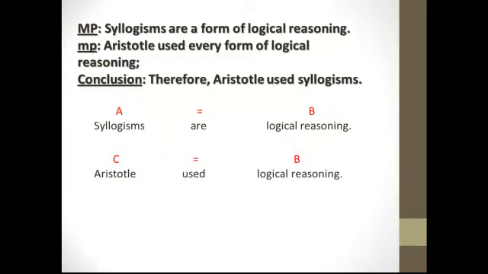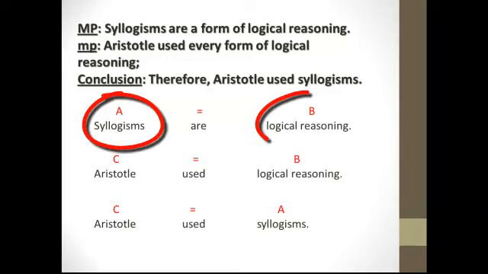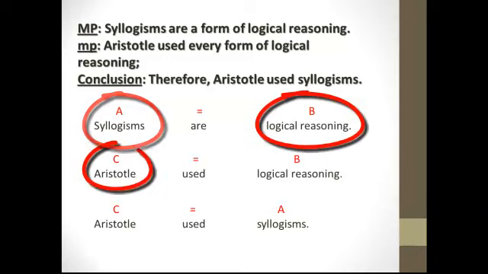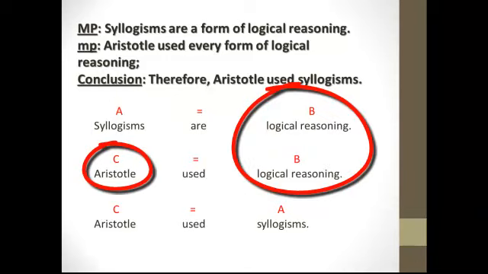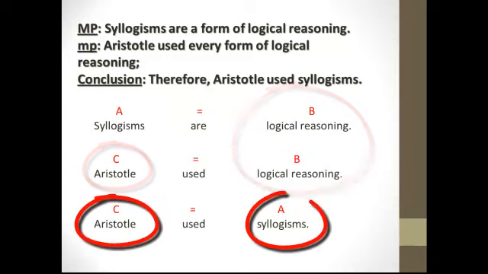Don't get too caught up in the math of this if math frightens you, as it does me. Just using it to break down the argument so that we can see the different parts. The conclusion then is, therefore, Aristotle used syllogisms. So can you see almost the mathematical reasoning here? A equals B, C equals B, therefore C equals A.